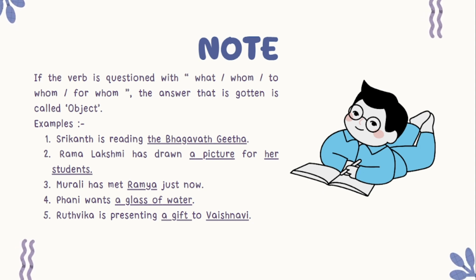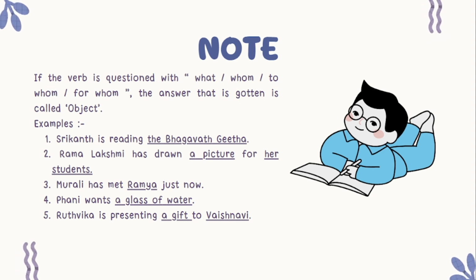Next, fifth one. Ritvika is presenting a gift to Vaishnavi. In this sentence, subject is Ritvika, is is the helping verb, presenting is the main verb. Then question the verb with any one of the question words given in the list to find out the object. What is presenting? Answer is a gift.